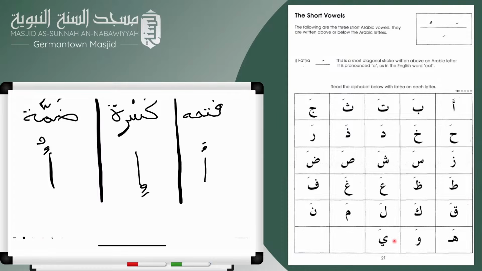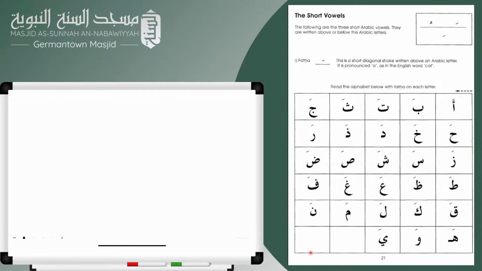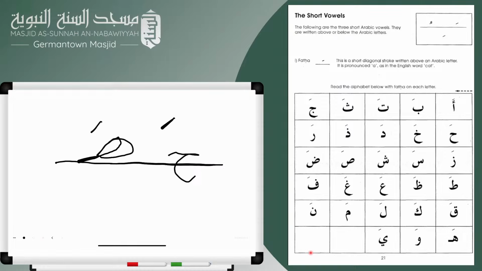Yes. Can you do the difference between the two has again? Okay. So the two very similar letters of ha and ha. The first one, for those looking on the board, is ha, high pitched.